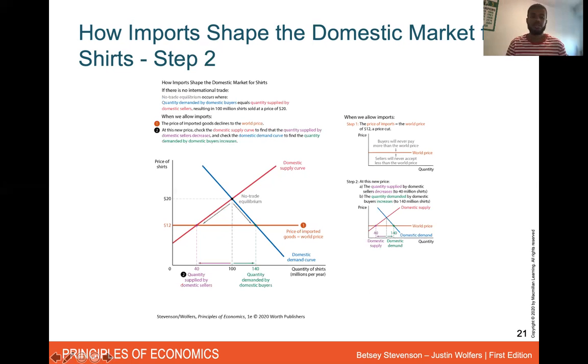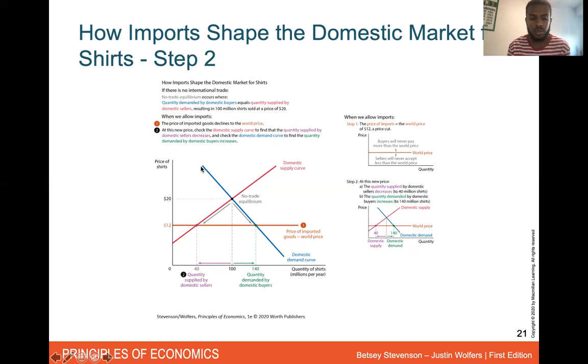In the next step, we'll check the domestic supply curve to find the quantity supplied by the domestic sellers and the quantity demanded by the domestic consumers. So if you look here, this is the domestic supply curve.